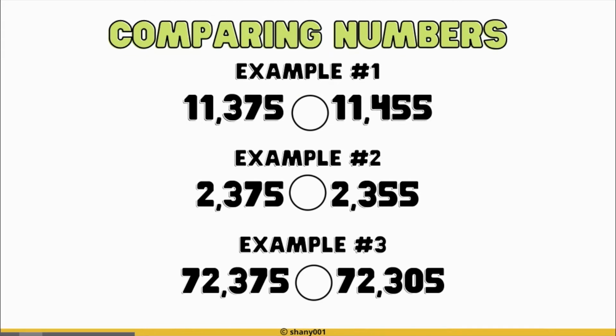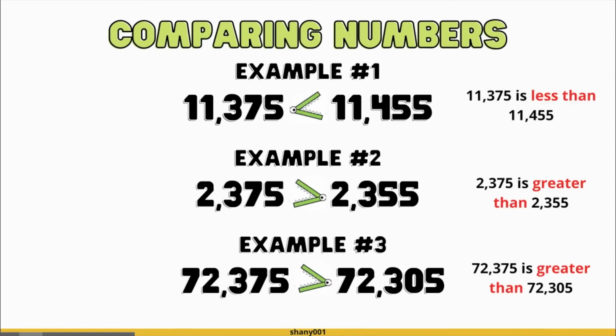Go ahead and try these examples. Let's go ahead and review the answers. Example number 1. 11,375 is less than 11,455.